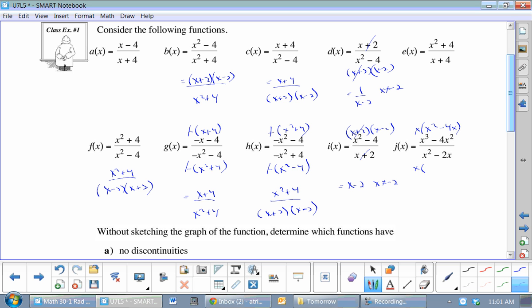That would be x minus 2. Okay, x's would cancel, right? So that would leave me with x squared minus 4x over x minus 2. Now, since I canceled the x, what do I have to put?